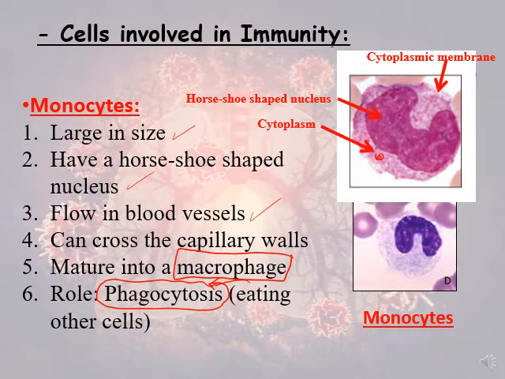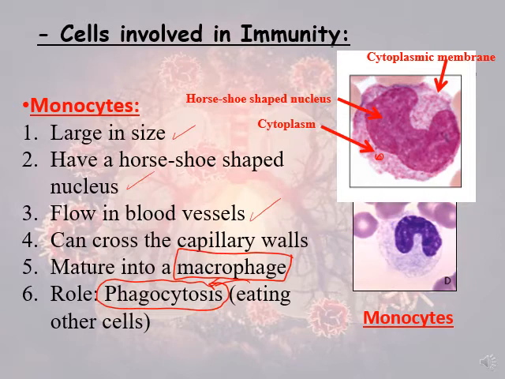phagocytosis. Okay, I will repeat the notes about the monocytes. Monocytes, as I said, are large in size, have a horseshoe-shaped nucleus. They have a nucleus similar to the horseshoe. They can flow in the blood vessels.